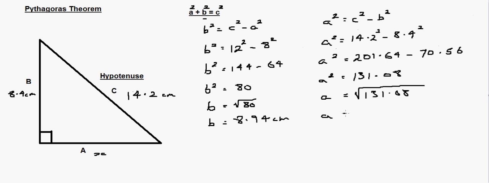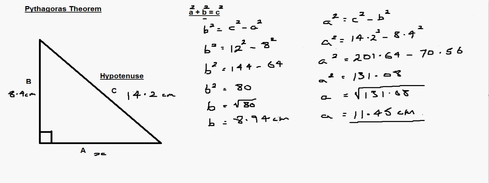So A will equal, and I'll just put that in, 131.08 gives me 11 point, well, to 2 decimal places will be 11.45 centimeters. Okay, and that would be the answer.